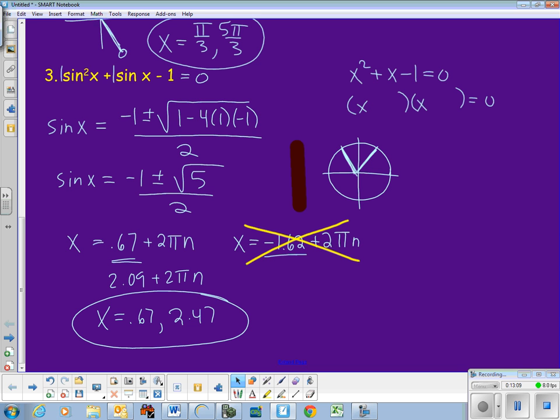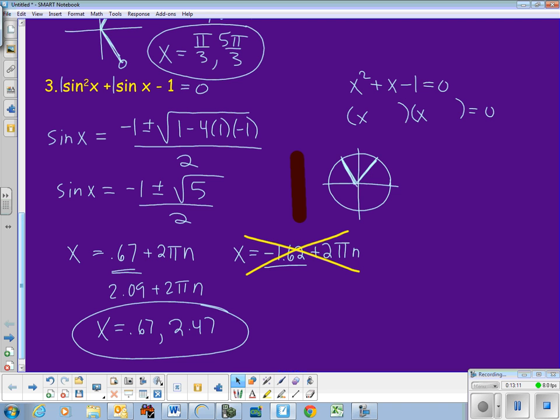Let me just go through this last one again. If it's quadratic form and it won't factor, use the quadratic formula. When you get your two answers to the quadratic formula, inverse sine those two answers. Both of those answers might produce two possibilities. In this case, one of the two answers didn't give me any value, so that one's out.